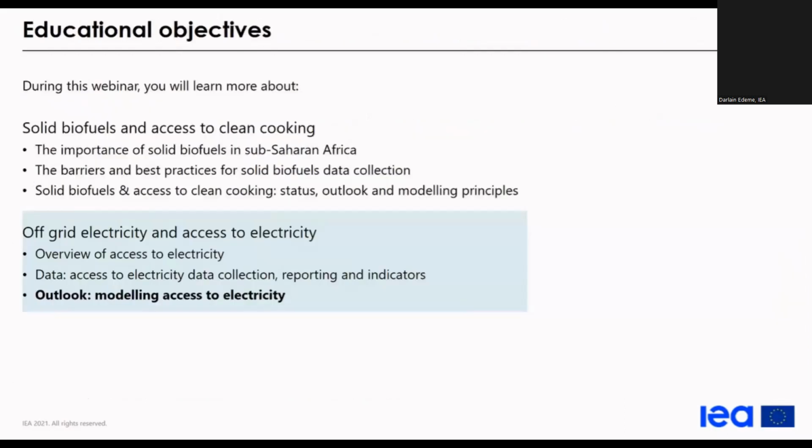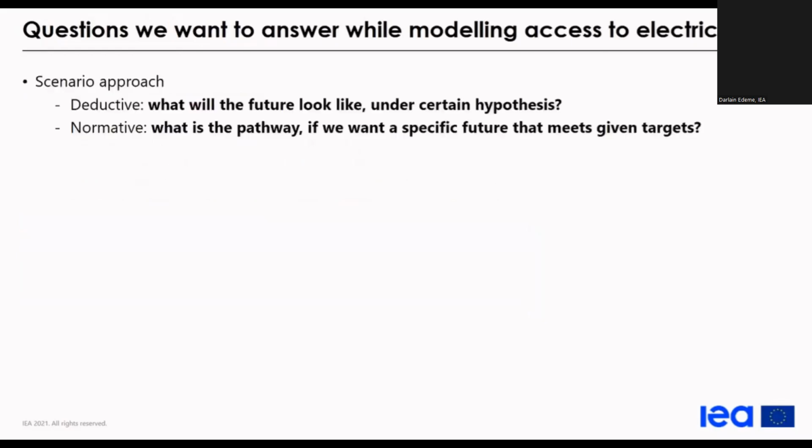Now we will discuss modeling of access to electricity, or how we can make projections on how electricity access will evolve in the future. So, as always, when we do some modeling exercise, we need to start by wondering what question we want to answer. And here, again, we can take a scenario approach with deductive scenarios. What will the future look like under certain hypotheses?